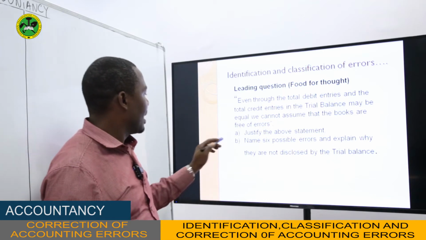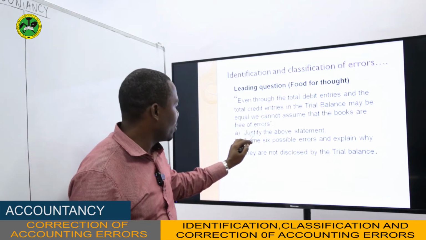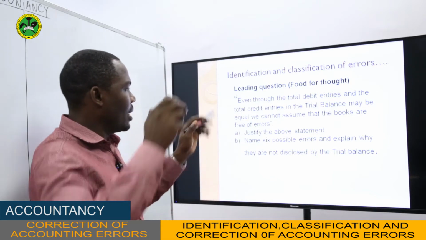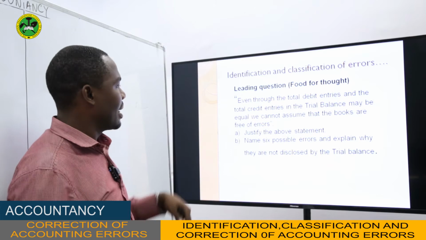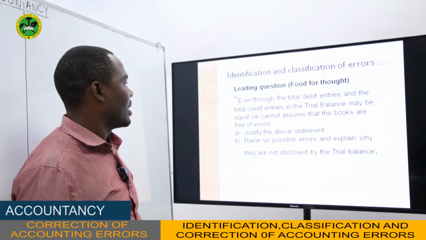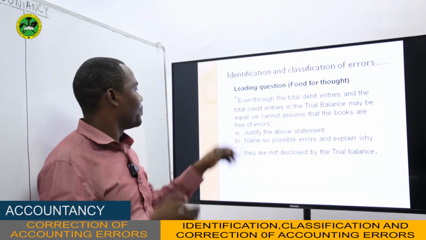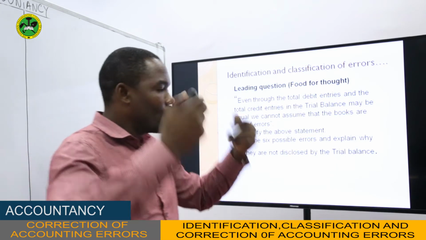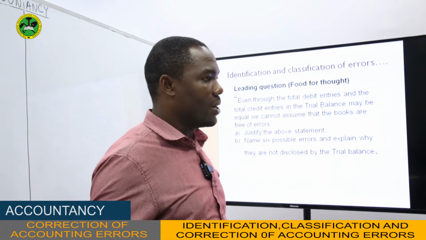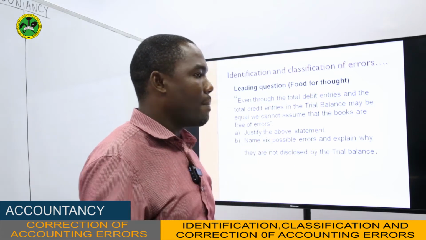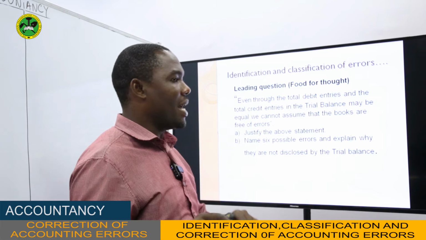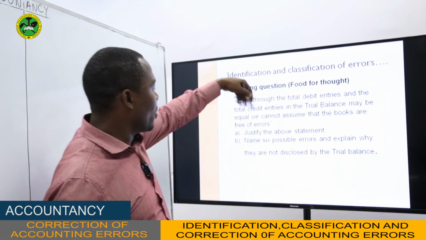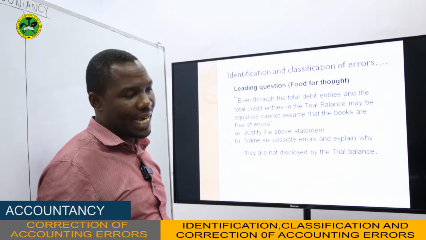Basically, it requires you to justify the statement that even though the total debit entries in your trial balance agree with the credit entries, so we could assume that all accounts are properly prepared and reported, this does not justify that there are no errors.